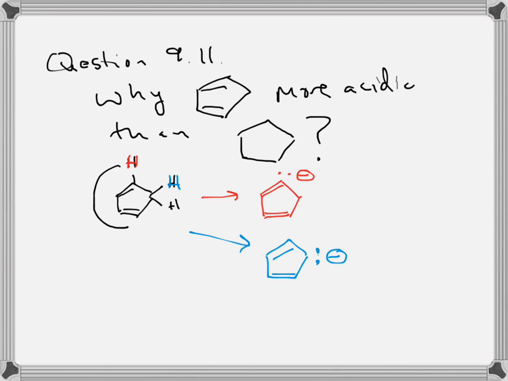Our red structure, that carbon right there, has what hybridization? sp3. Well, if it's sp3, according to rule 1 of our Huckel rules, it doesn't have a 2p orbital. Negated, we can't have aromaticity in that structure, regardless of our negative charge.